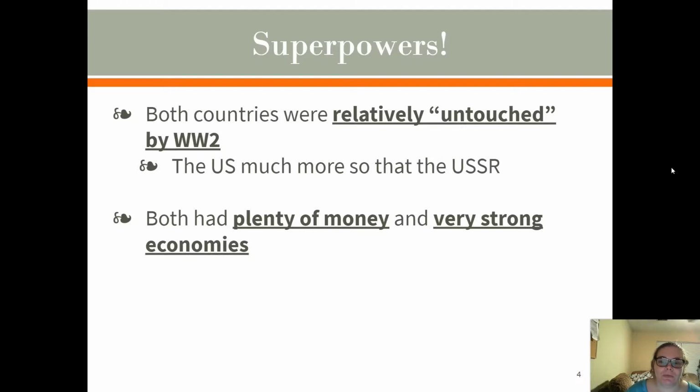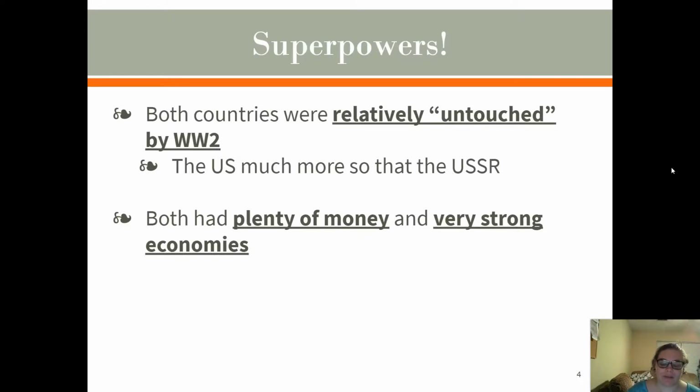So they're both superpowers. Both of these countries are relatively untouched by World War II. The U.S. was in a much better position at the end of World War II than the Soviet Union was. The Soviet Union lost 2 million people in World War II. The United States had not lost nearly that many people.